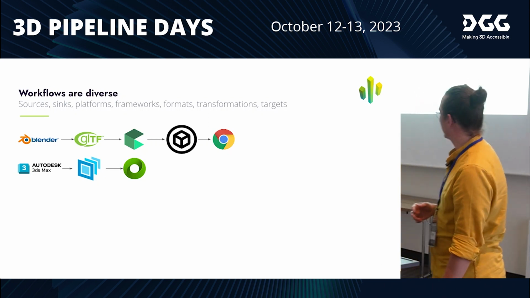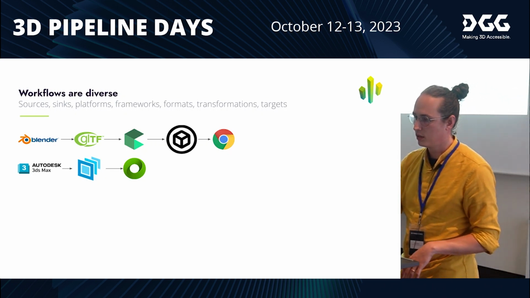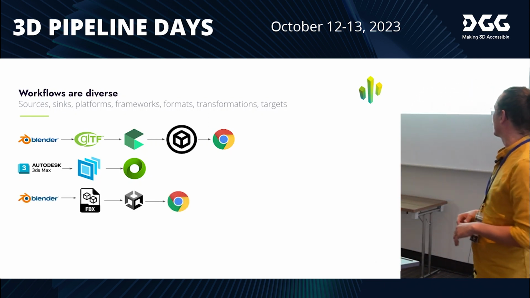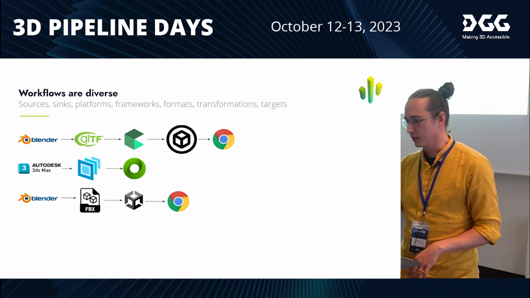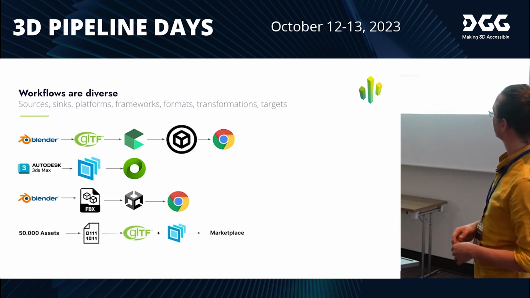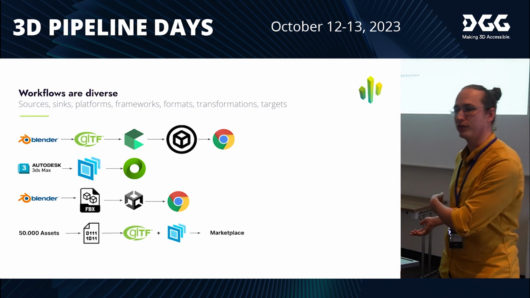Or you go from 3ds Max directly to USD, put it into Omniverse, present it to clients there. Or you go from Blender, make your FBX assets, put them into Unity, make a WebGL build. Or you have a library of 50,000 assets, you run some custom processing, and you need both glTF and USD to put on your marketplace.